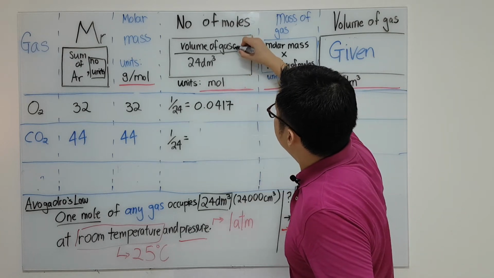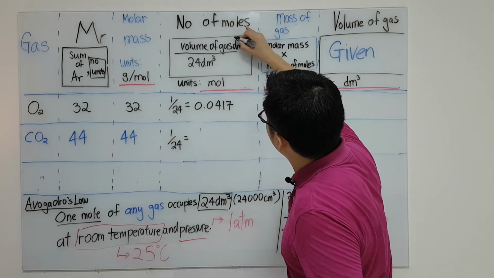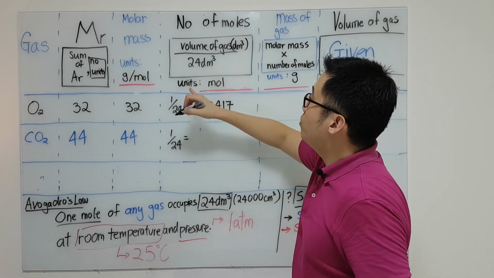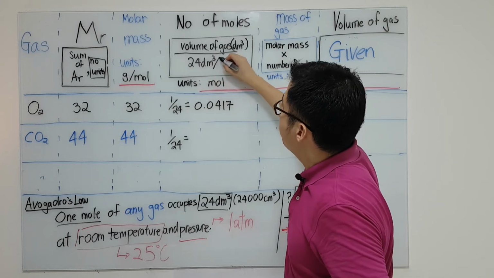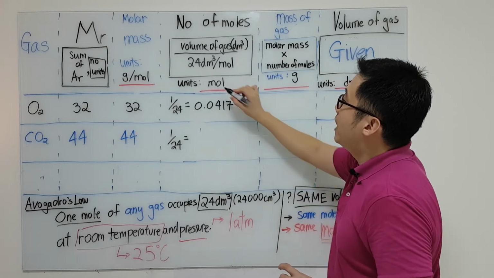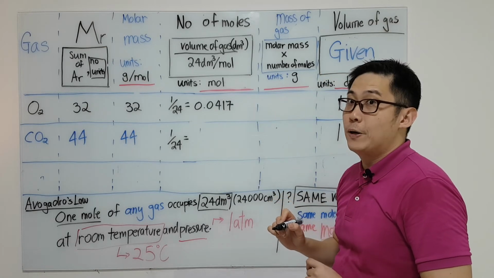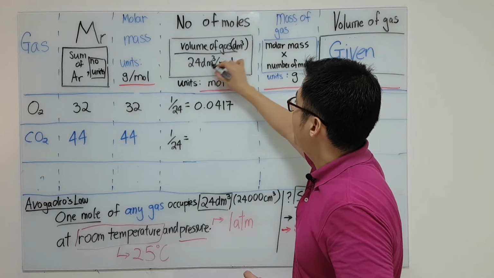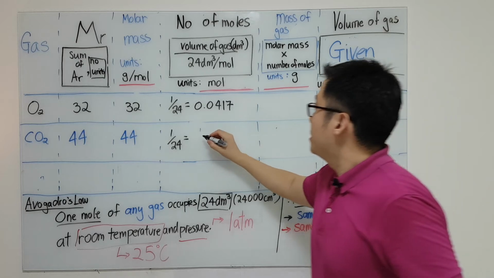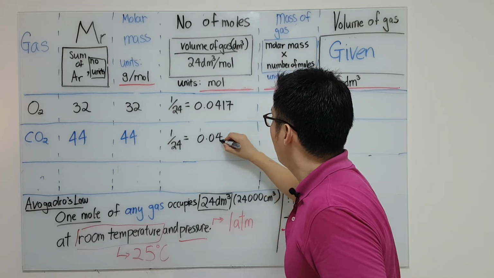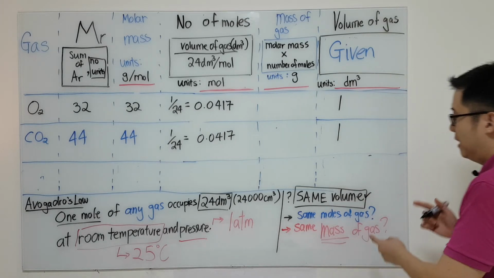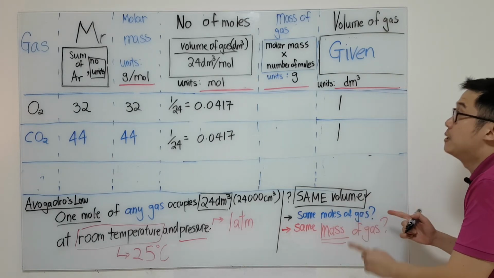The volume of gas is dm cubed. In order for me to get the units as mole, the molar volume would have to be dm cubed per mole, so that after my manipulation, I will have mole coming up and the dm cubed cancelling each other. So in this case, this is also 0.0417.